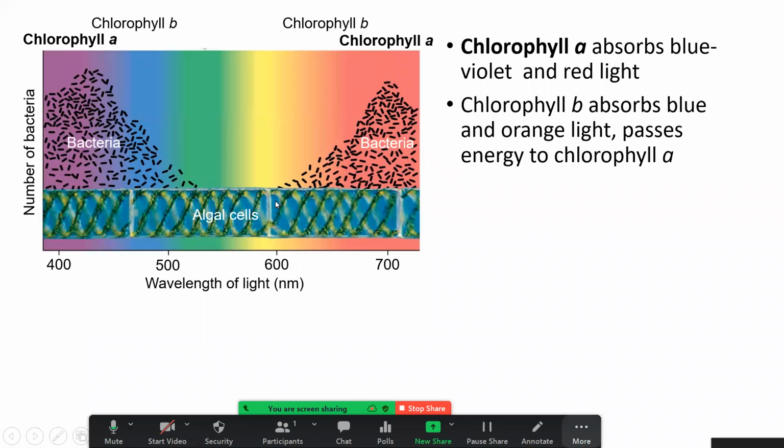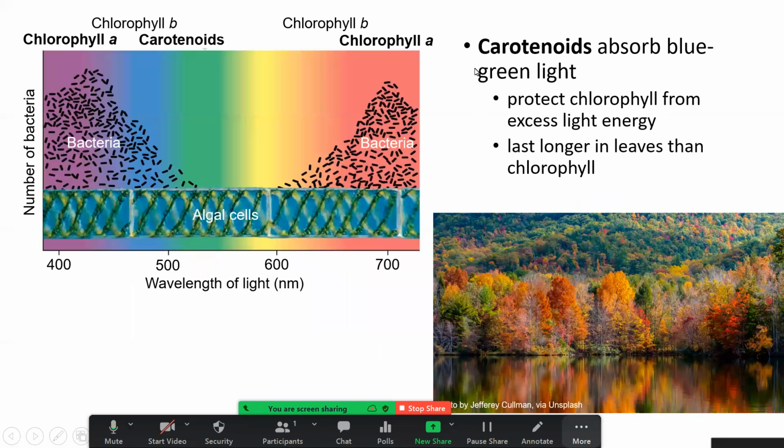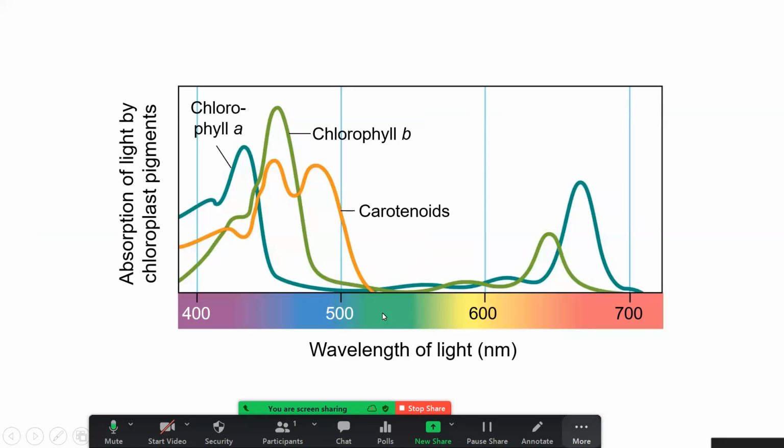There is another group of pigments called carotenoids, which tend to look yellow and orange because they reflect those lights. They use more of the blue and green spectrum, a little bit of the purple, the violet. The carotenoids absorb the blue and green and reflect the yellow and red and orange.